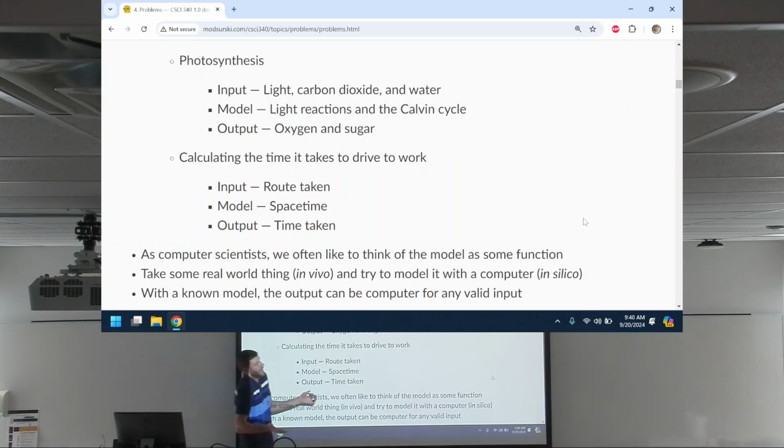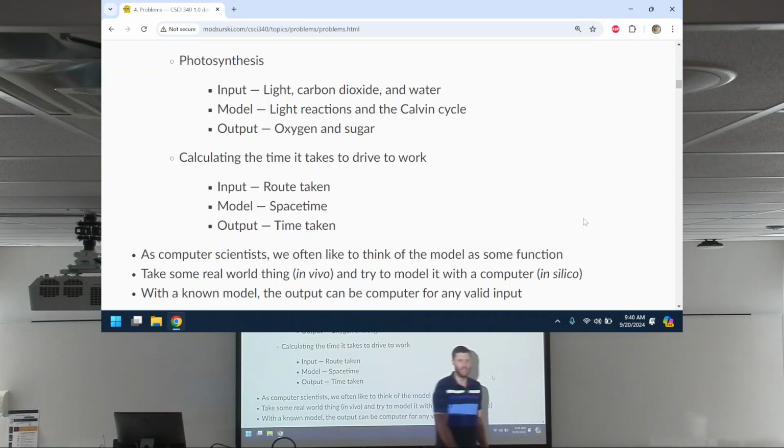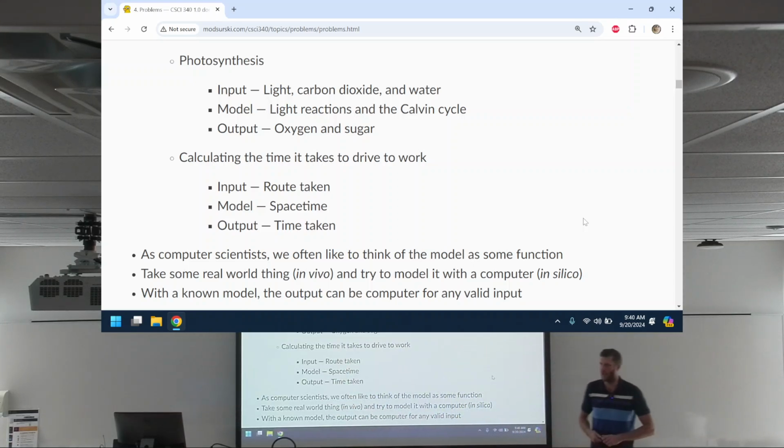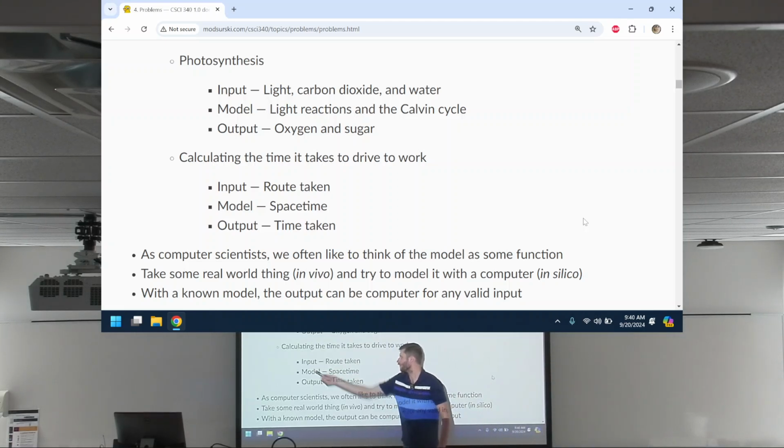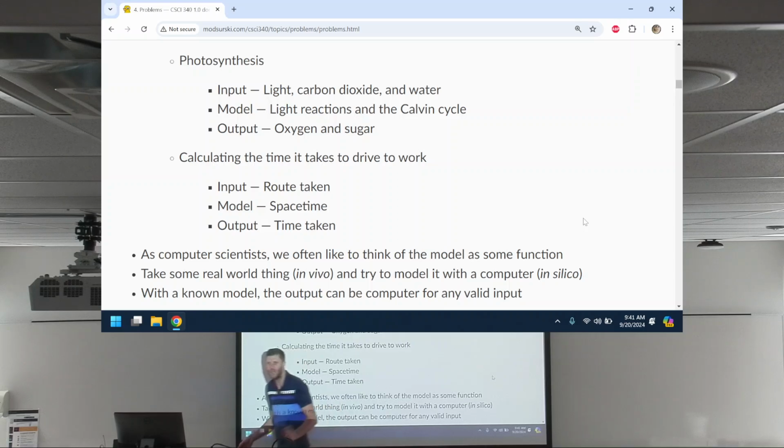Input is the route taken, model is, well, our universe, and output is the total time it takes, right? This is a funny one to think about because my model of how long it would take to get to work is relatively simple just because we're so familiar with our environment, but the model would be our environment.